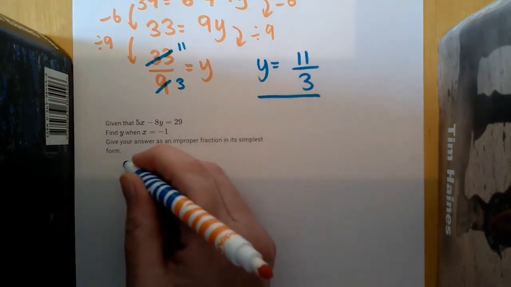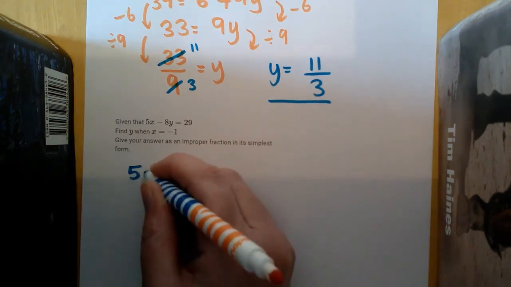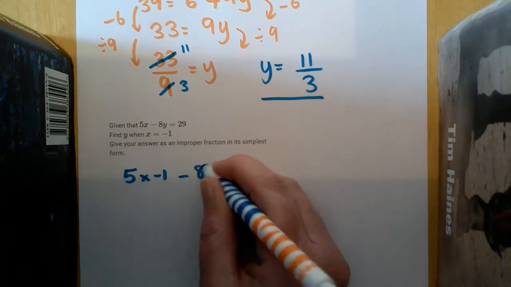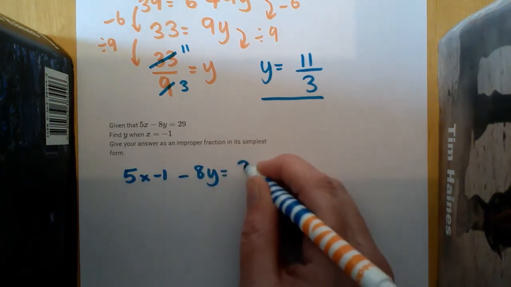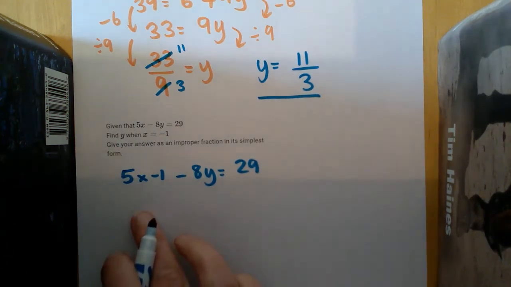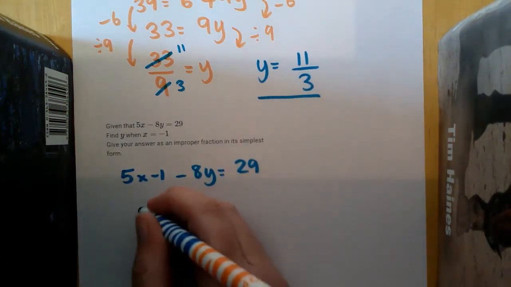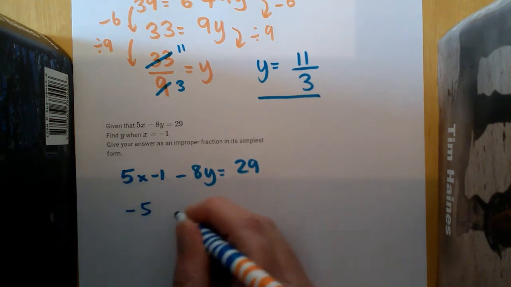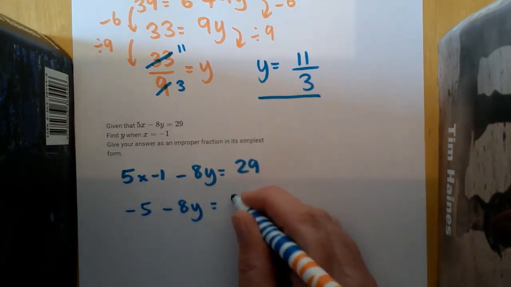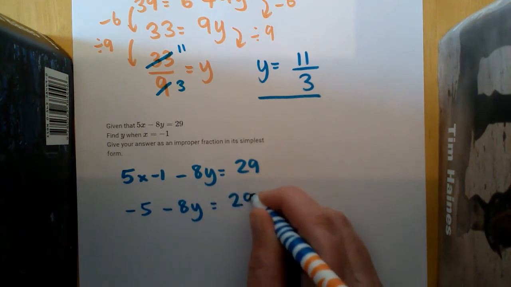So we do 5 times minus 1 minus 8y is equal to 29. So 5 times minus 1 is minus 5, minus 8y is equal to 29.